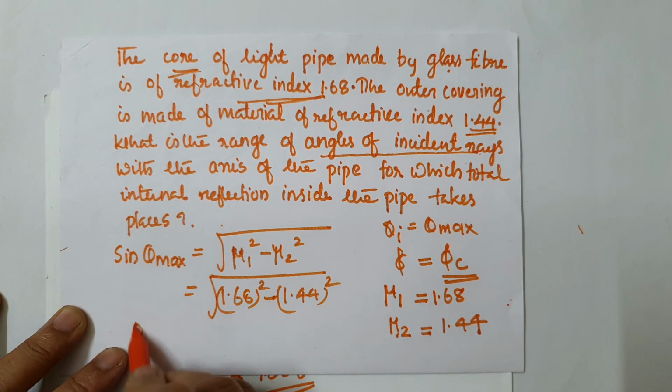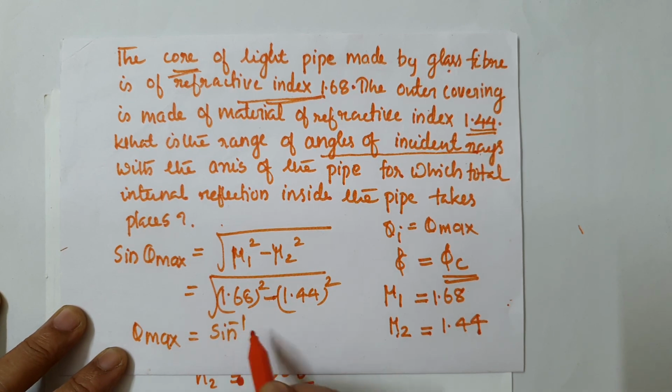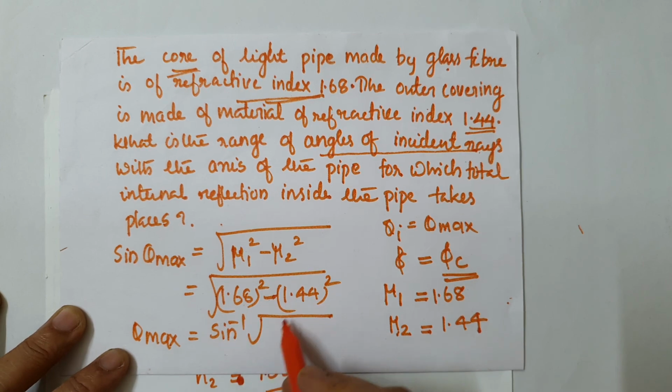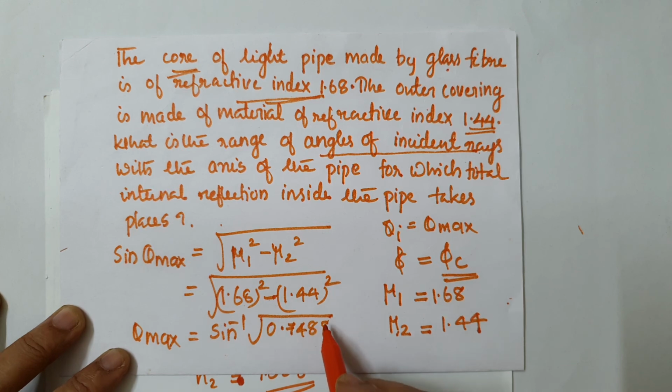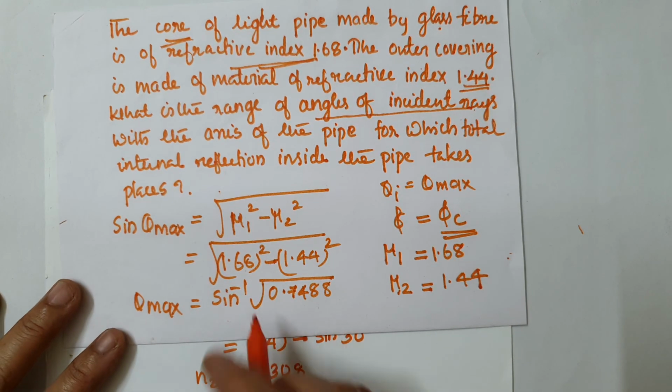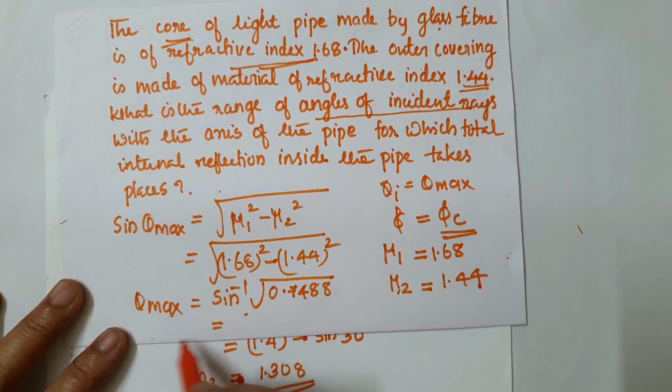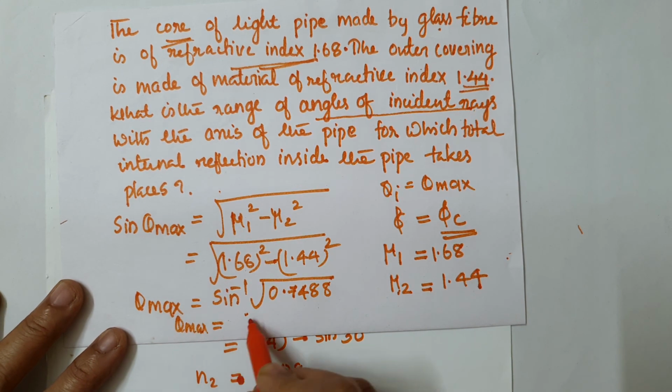But theta max is equal to sin inverse root of this quantity. It will be somewhat 0.7488. Finally, we get this sin inverse, it is 60 degree, that is theta max equal to 60 degree.